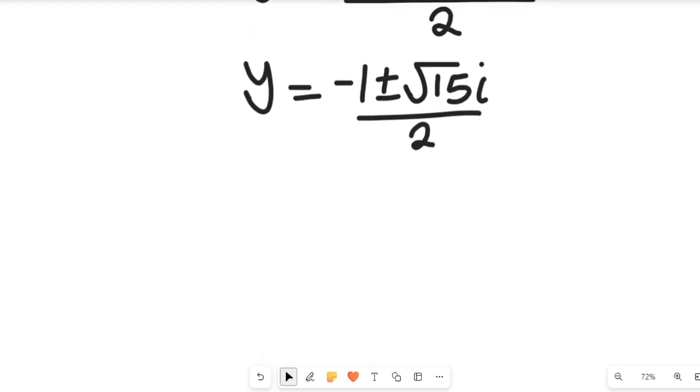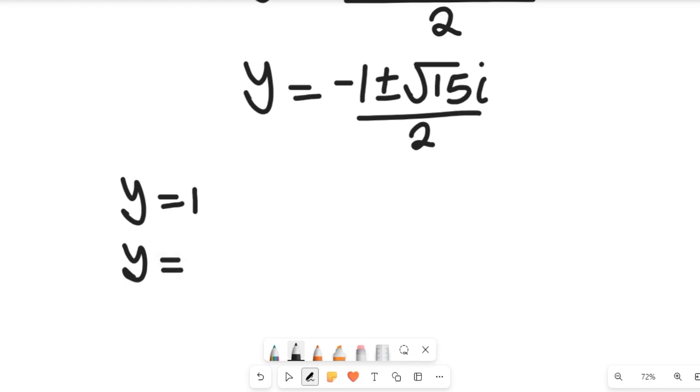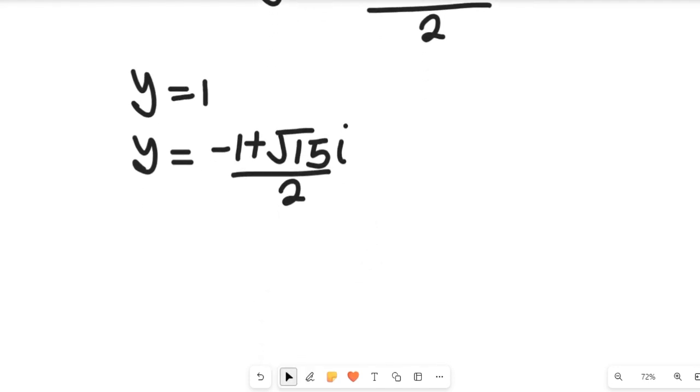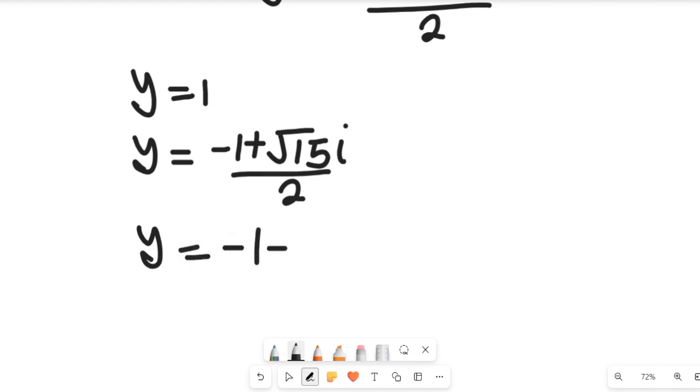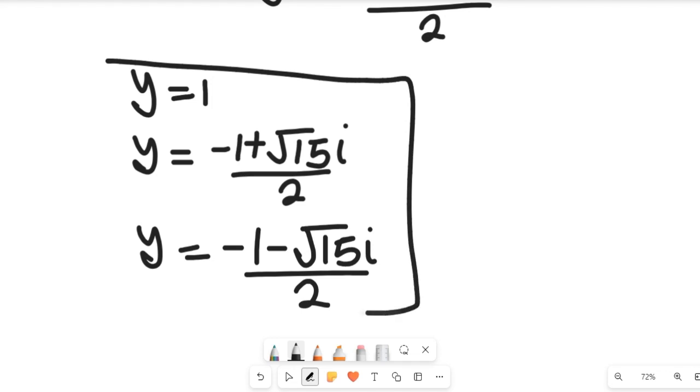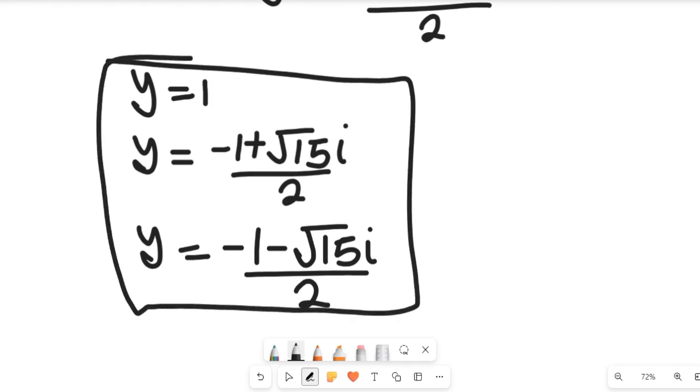So for the whole values of y, we have y equal to 1, which is the original value. Y can also be equal to negative 1 plus the square root of 15 i, divided by 2. And the last solution for the value of y can be equal to negative 1 minus the square root of 15 i, divided by 2. These are the whole solutions for the value of y given in this expression.